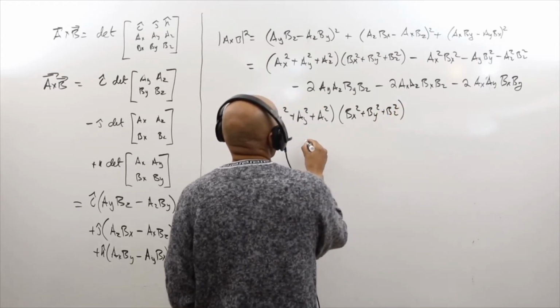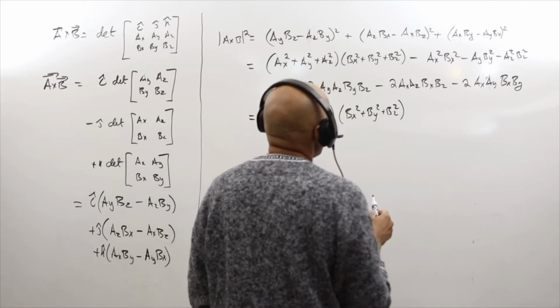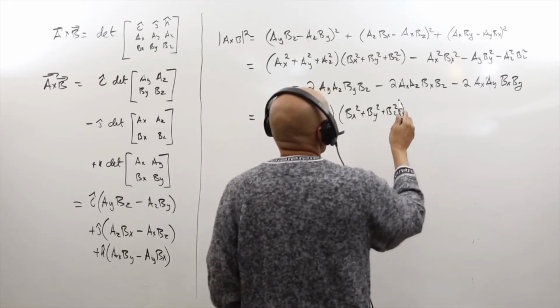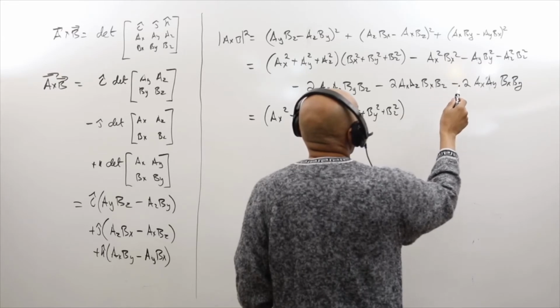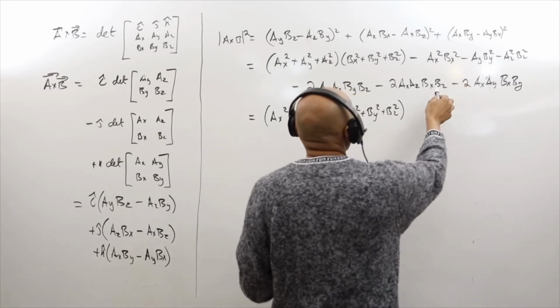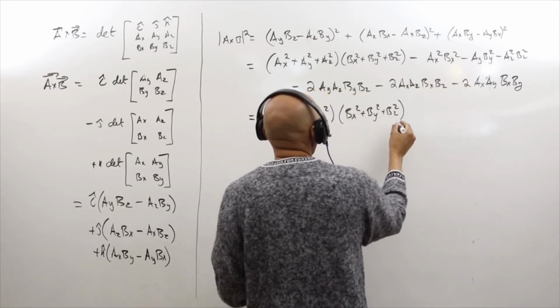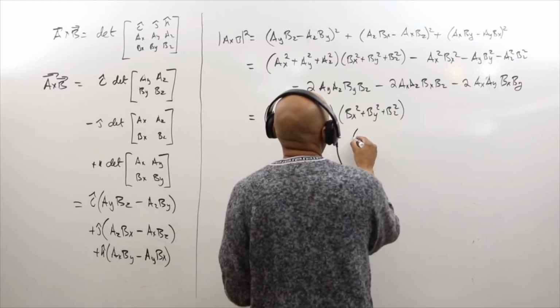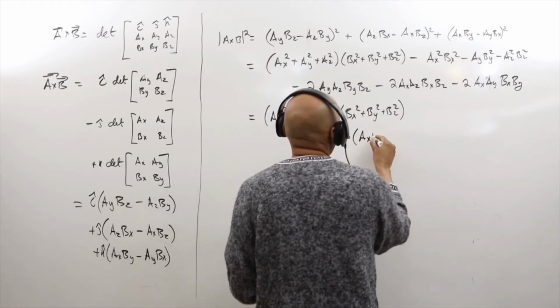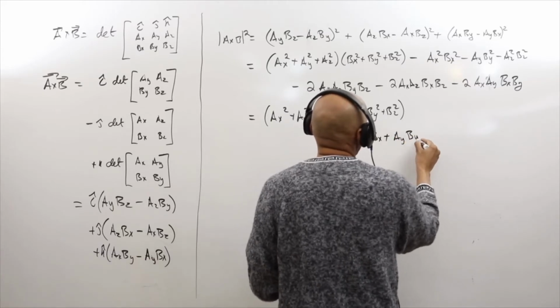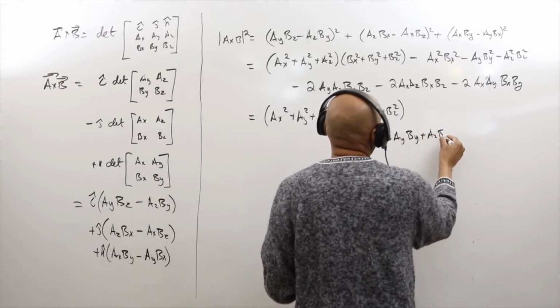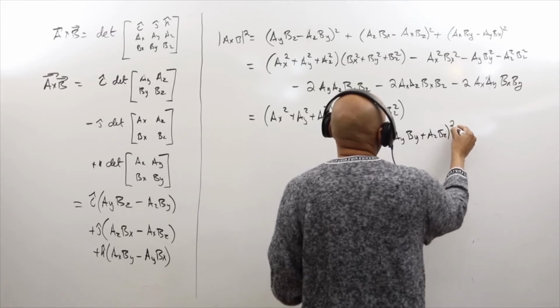And if you look carefully, this looks like nothing more than (ax bx plus ay by plus az bz) squared.